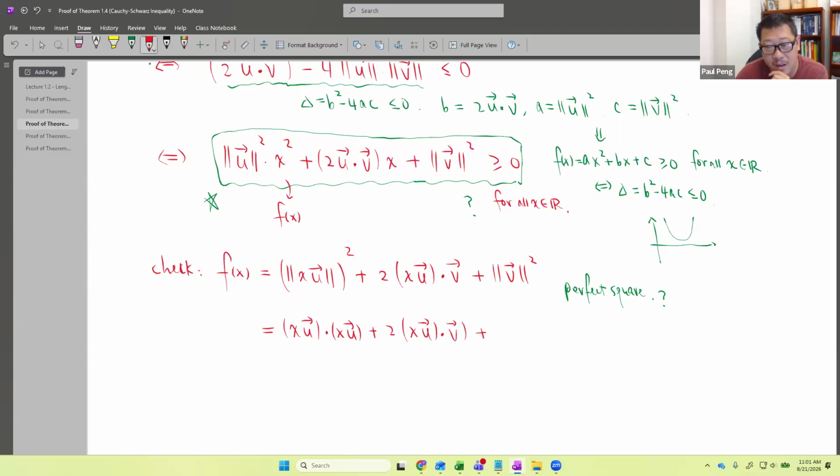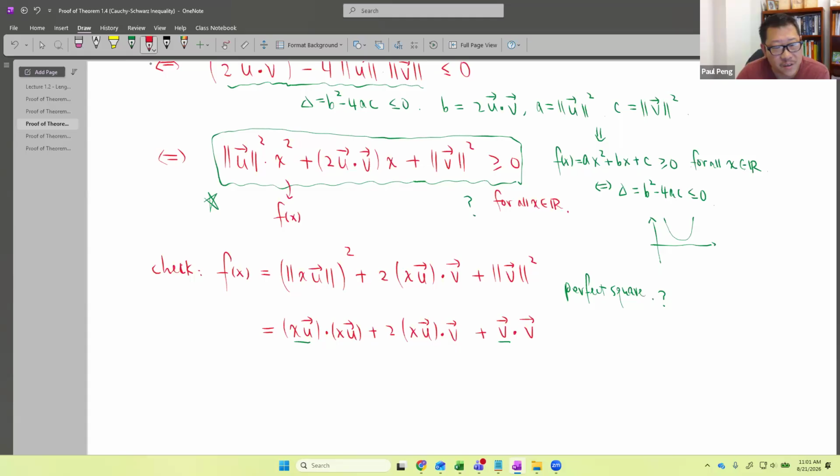You are familiar. And then it's v dot v. Have you seen? So we definitely have two vectors: this is one vector, and v is another vector. And the xu dot v will be the cross term, the intersection.